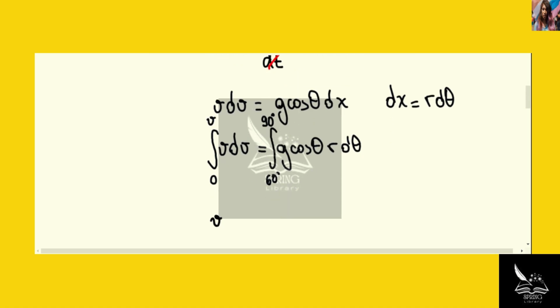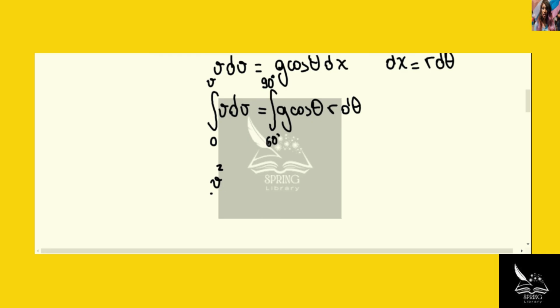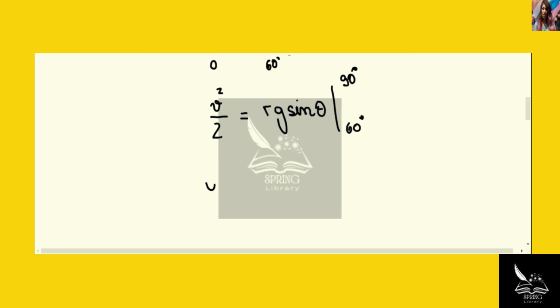So we have that v squared over 2 is equal to rg times sine of theta from 60 to 90. So v is equal to the square root of 2 times r times g times 1 minus the square root of 3 over 2.